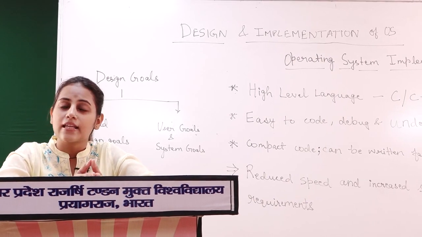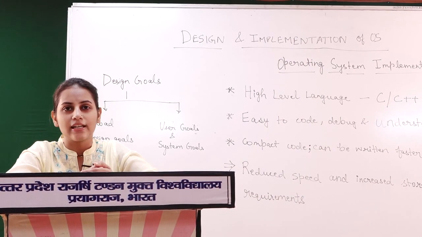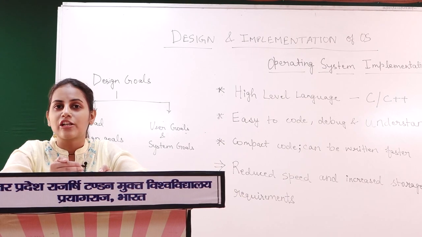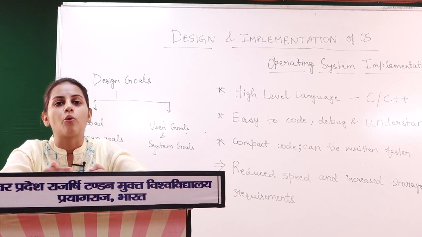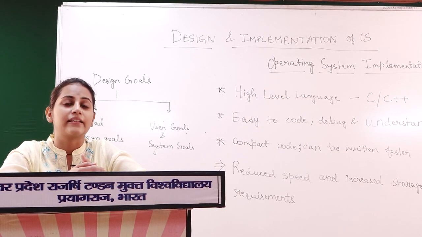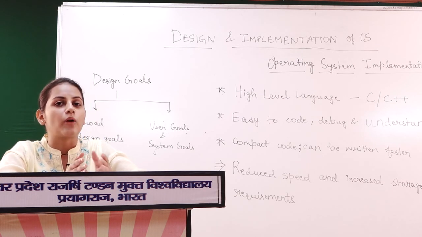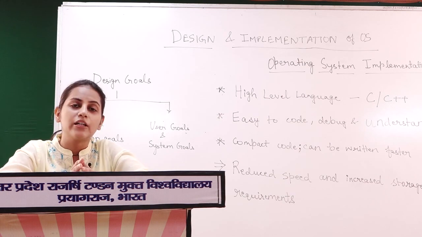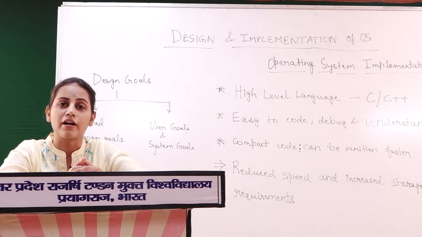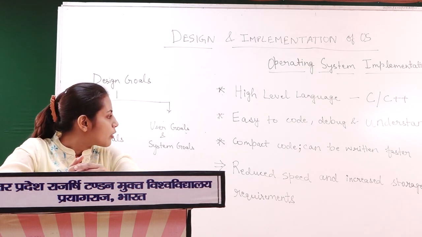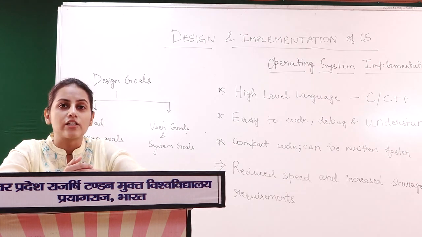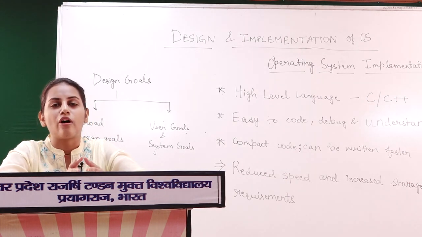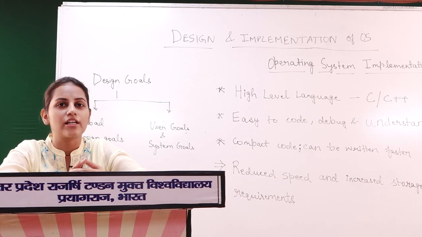When you write the same code in a higher level language, then many types of translations are required before the code can be executed, and therefore, running the code in a higher level language reduces the speed. Further, the code requires increased storage because of different types of function calls and APIs associated with the code.